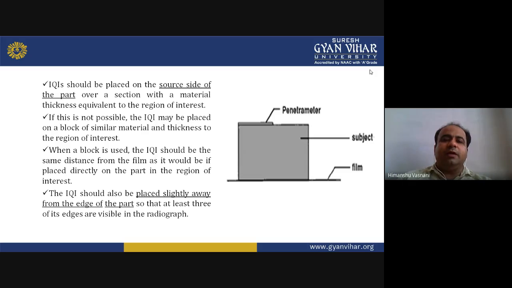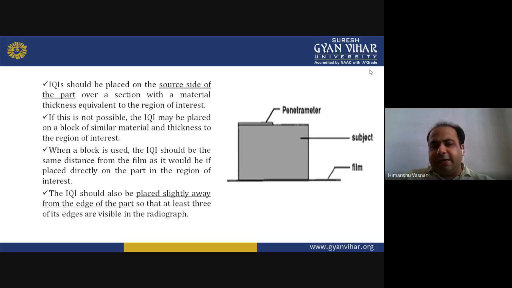When a block is used, the image quality indicator should be the same distance from the film as it would be if placed directly on the part in the region of interest. You can see in the diagram where the film is at the bottom, the subject is in between, and above that the penetrometer is placed.